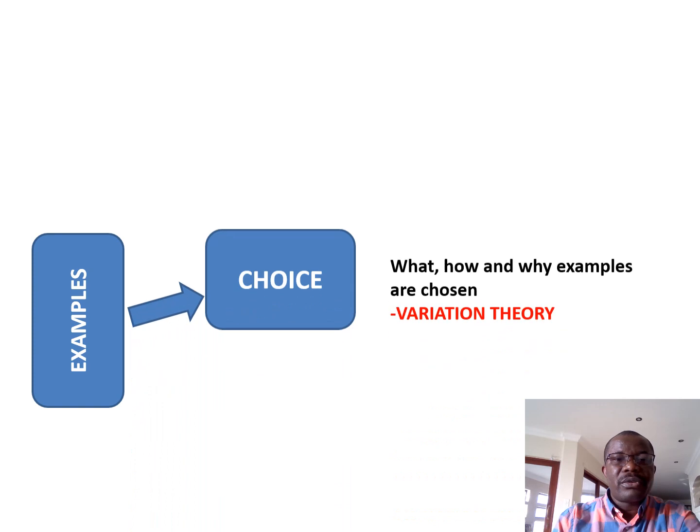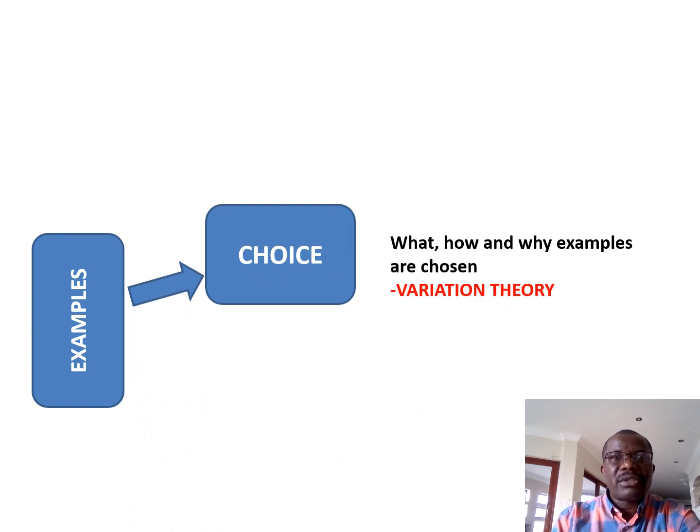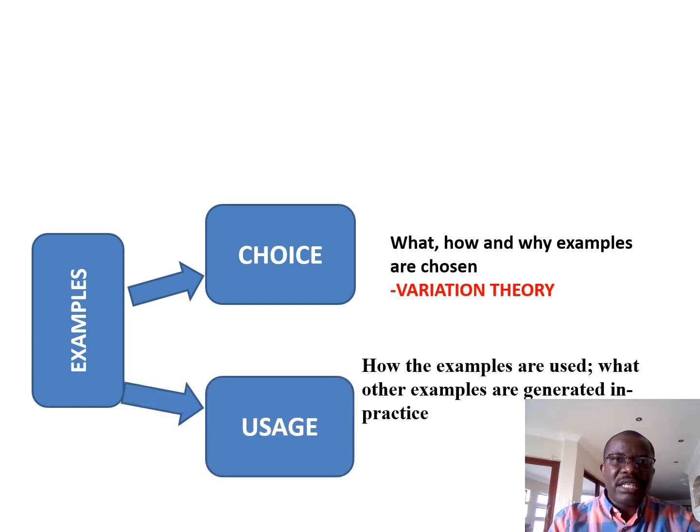So that is because when I think of examples, I can think of examples in two different ways. The first is that examples are chosen. You have to choose the examples you use. Okay, you choose the examples you use, but the choice, as I will explain again later, is not enough. The usage is also vital.